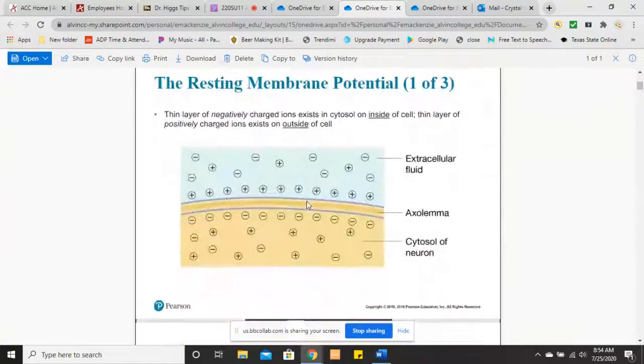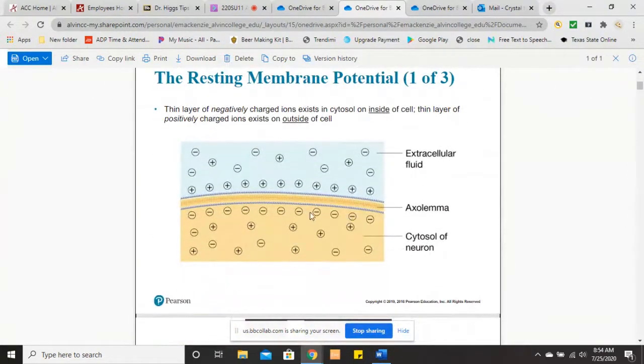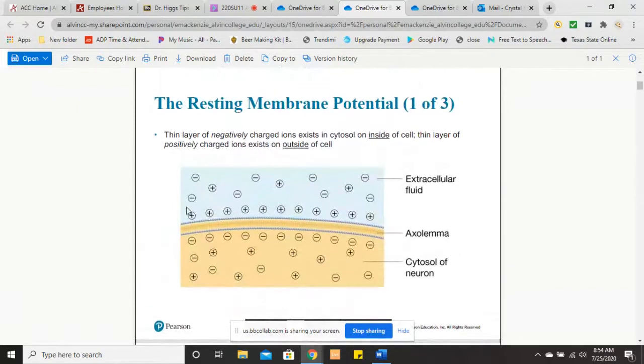What you might not know or recall is that there are also charges along the plasma membrane. And we even know the charges. We know your plasma membrane has a slightly negative charge on the inside and a more positive charge on the outside. We give a name to this.